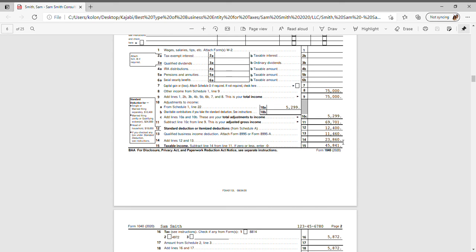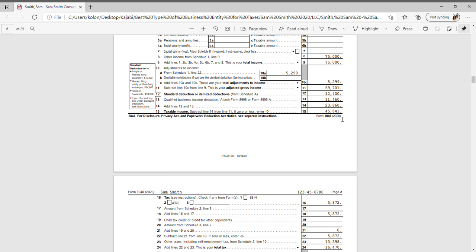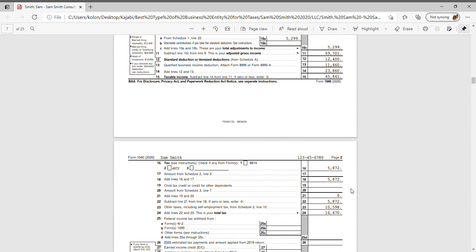So what do we do with that $45,841 number? Well, we turn to page 8 of 25 on the IRS 2020 tax table, and we say, okay, he made $45,000 worth of taxable income. The initial tax that they want him to pay on that is this $5,872. And again, you'll see that on page 8 of 25 on the IRS tax table for 2020.